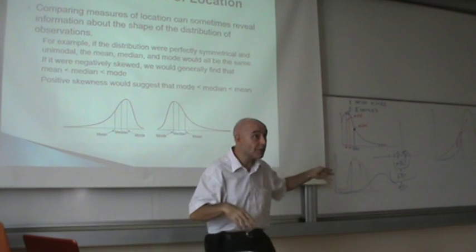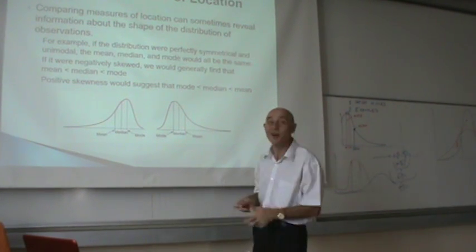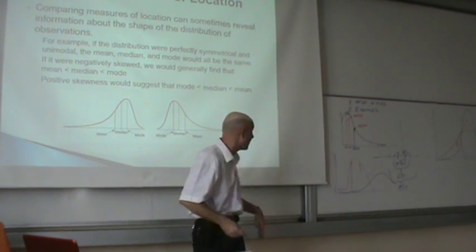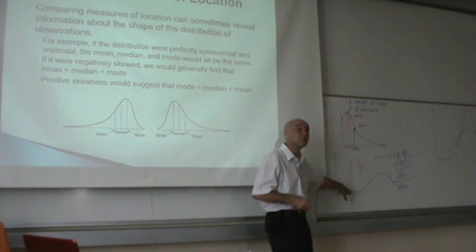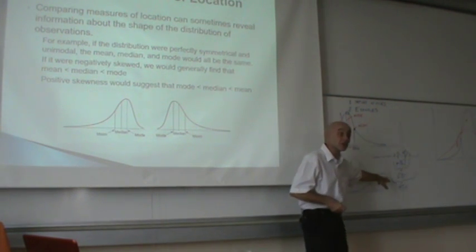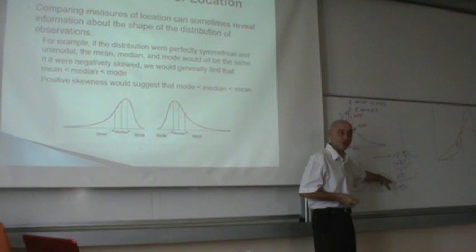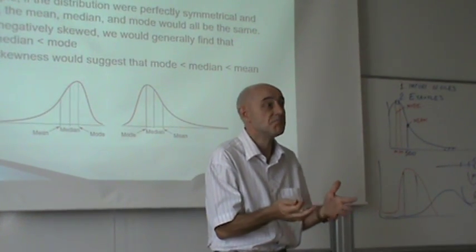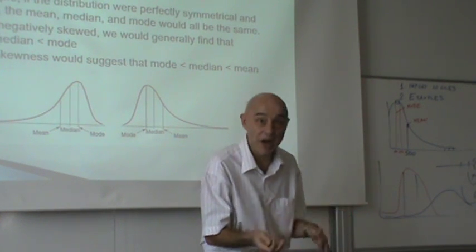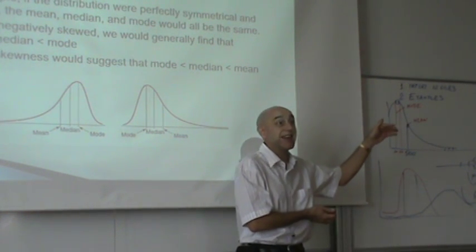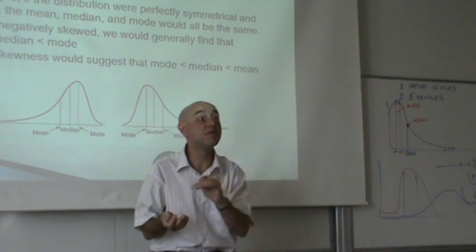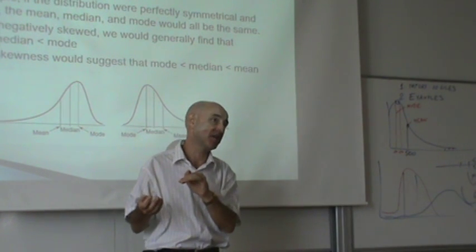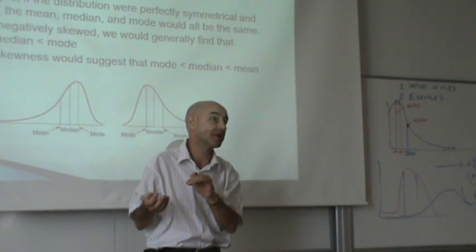But in the real world, most people's weight is not normal. In some countries, most people are skinny, and in other countries, most people are rich, okay? In some countries, you have very little middle class, so you're gonna have a lot of poor, like in the Philippines, and a few people extremely rich, like in Indonesia, okay?